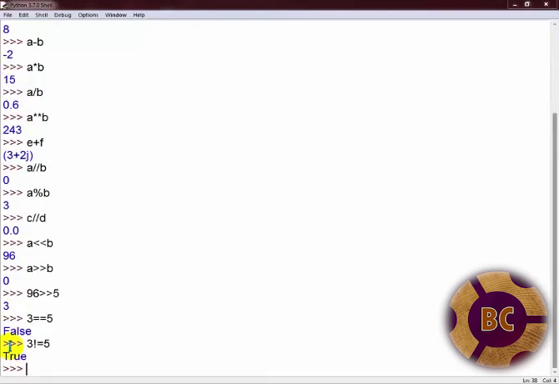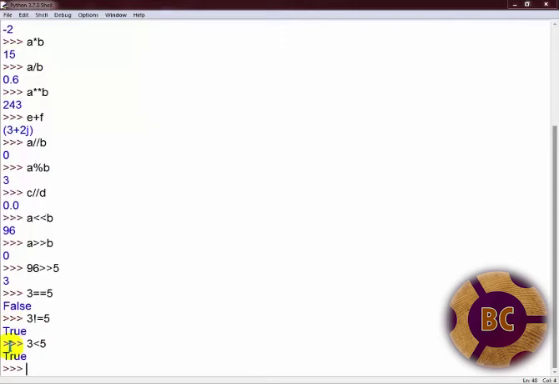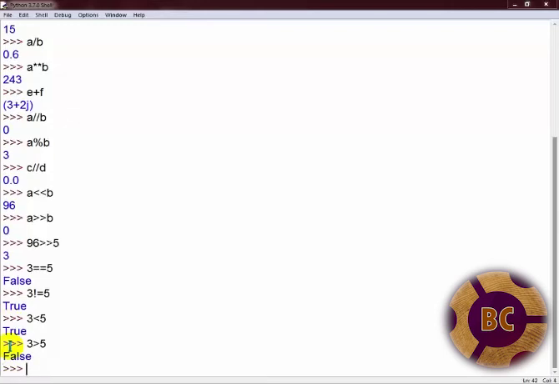Now 3 less than 5. The result is true. 3 greater than 5. The result is false, because 3 is smaller than 5. 3 smaller or equal to 5.